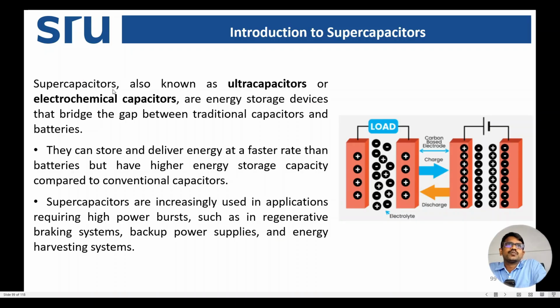They are also known as ultracapacitors or electrochemical capacitors. Why do we call them electrochemical capacitors? Because the energy in supercapacitors is stored in the form of electrochemical energy, whereas in capacitors it is stored in the form of an electric field.